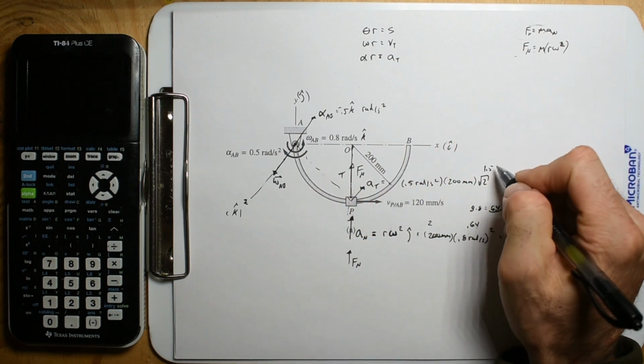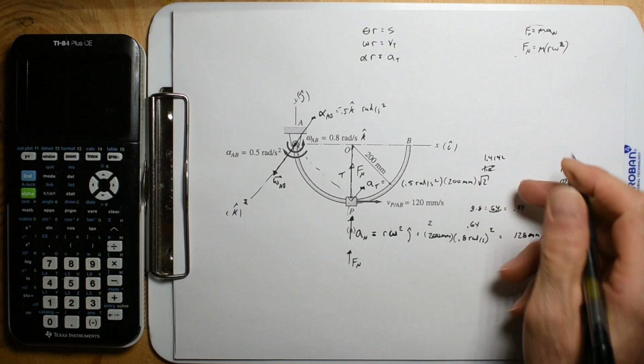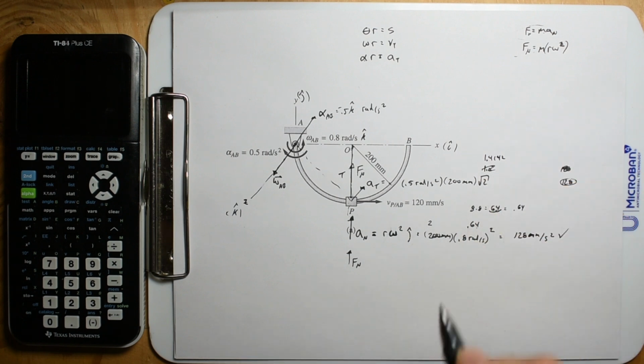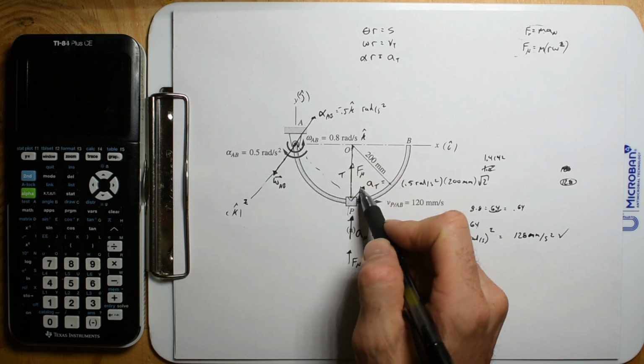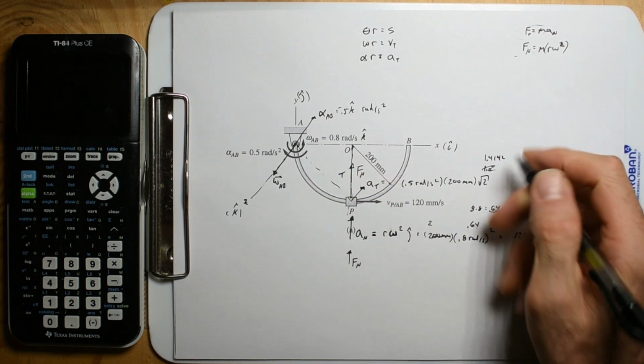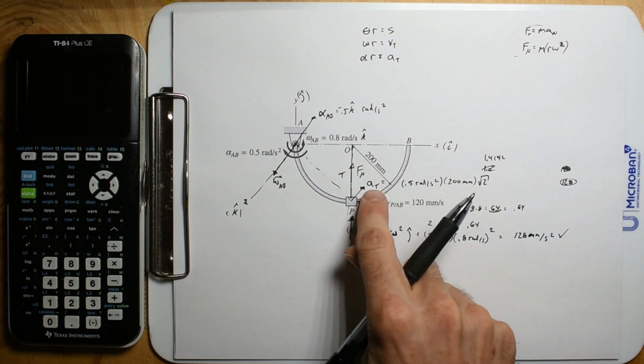It's 1.4142. And that's going to be the tangential acceleration. And we know this is going to be at a 45-degree angle. So this is going to be the magnitude of this acceleration.